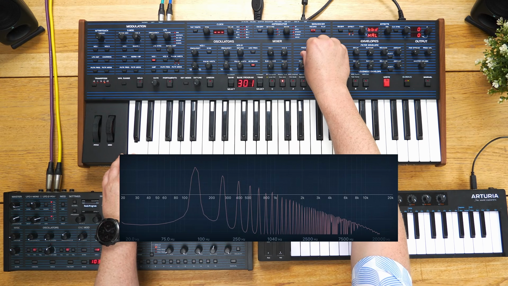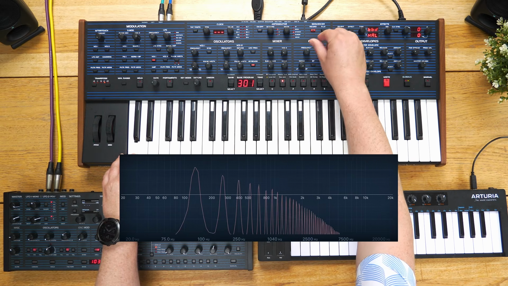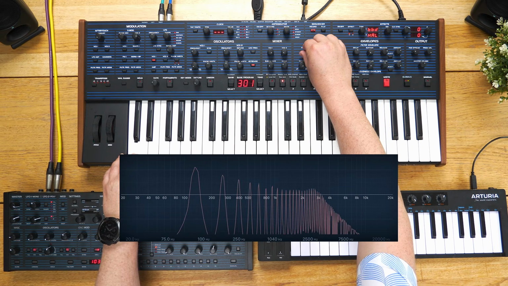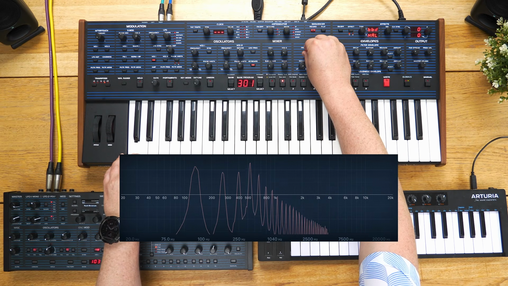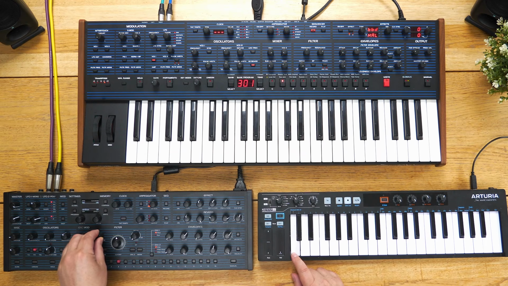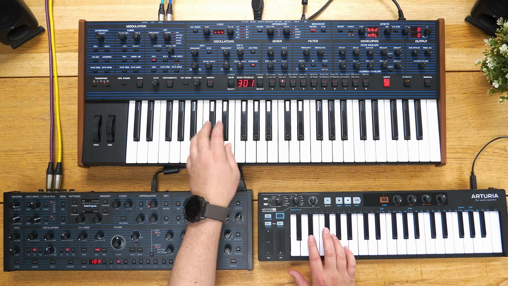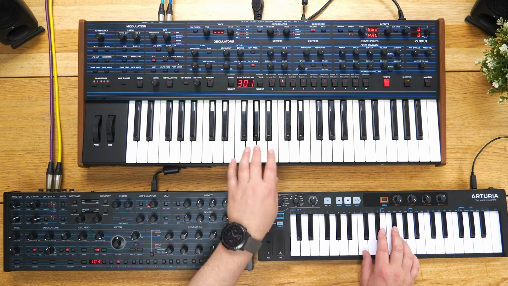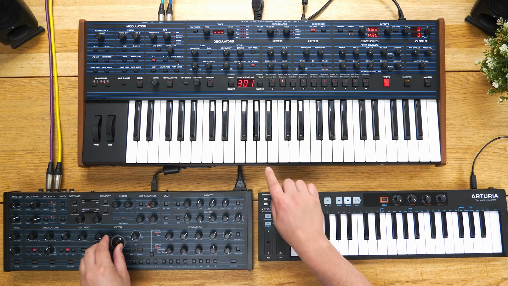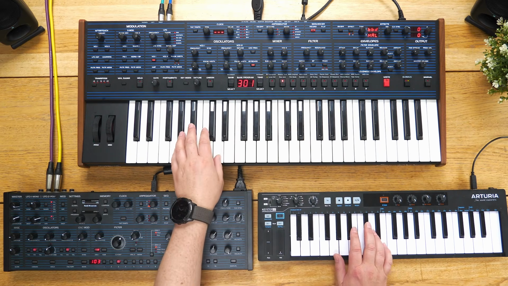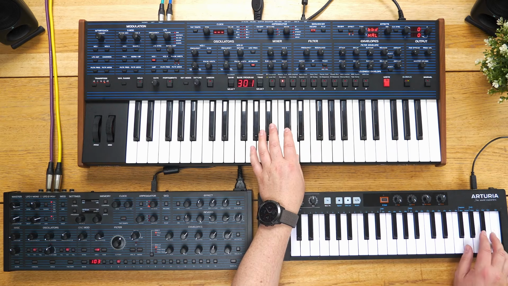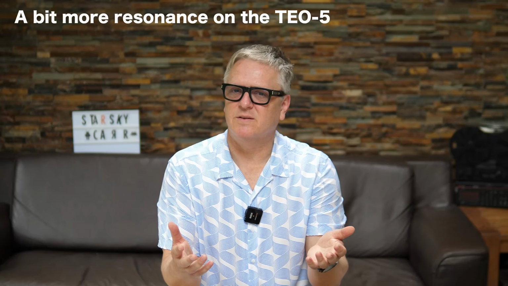Let's go for exactly the same on the OB6. Very similar sounding things, aren't they?